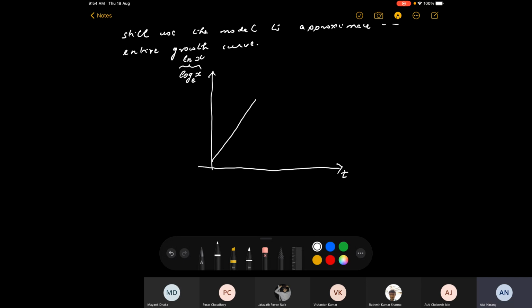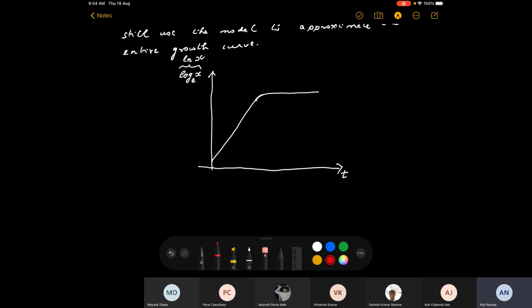This shows exponential growth, followed by a gradual bend: it's going to bend over and then become horizontal, a smooth change.